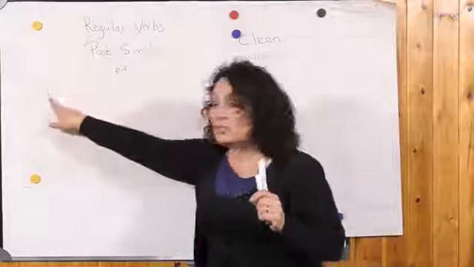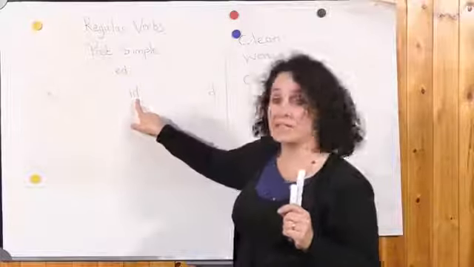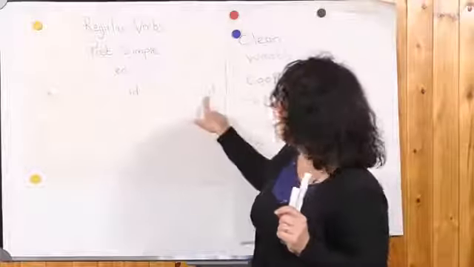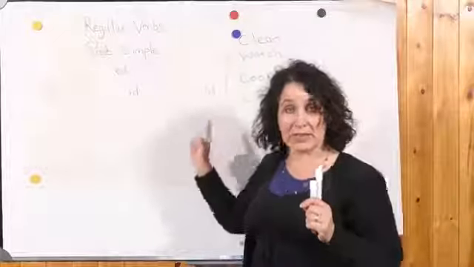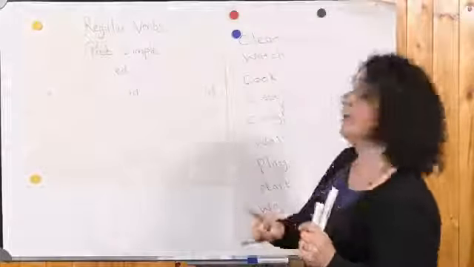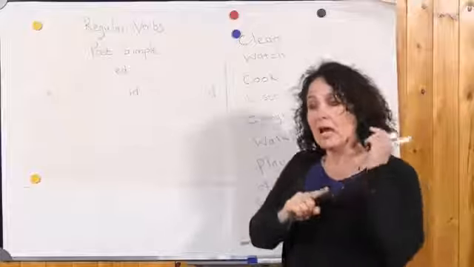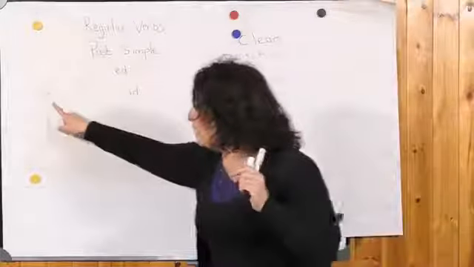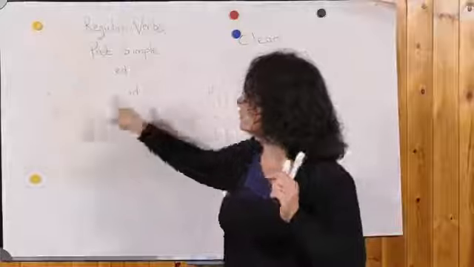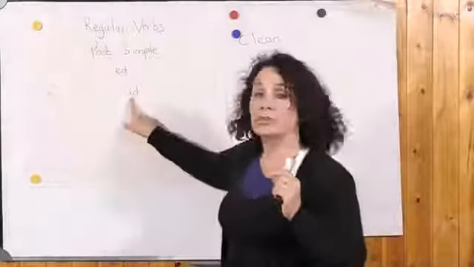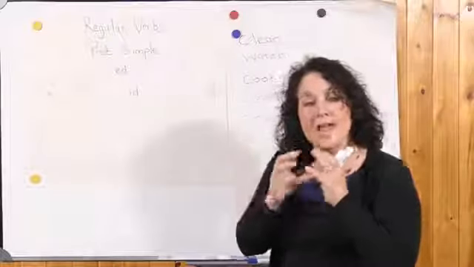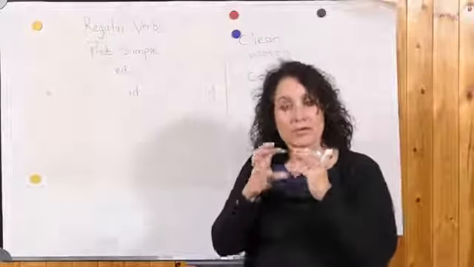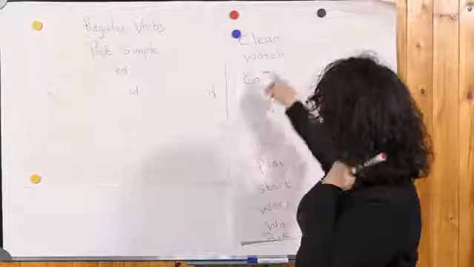There's a t sound, there's an id sound, and there's a d sound. Okay, so I'm going to say these verbs and you listen and decide where they belong. Is it t, id, or d? So the end of the verb is quite strong, so listen for that.